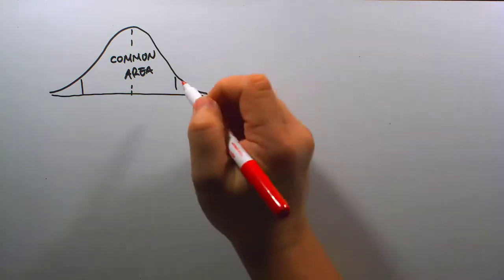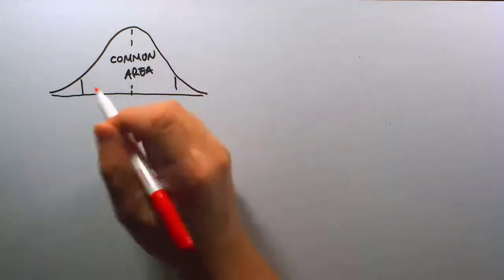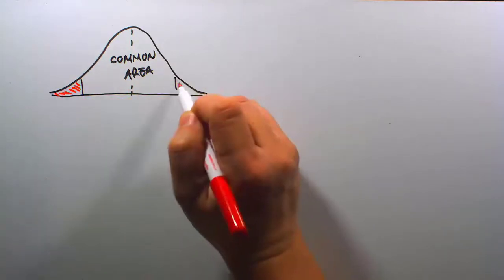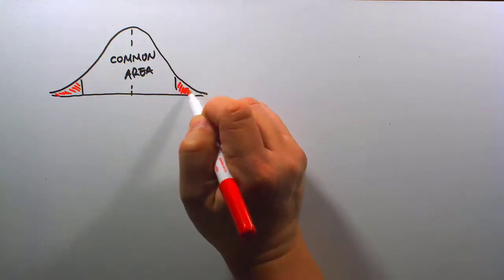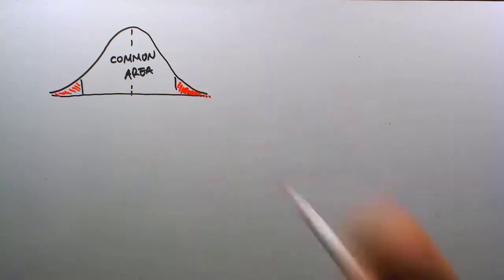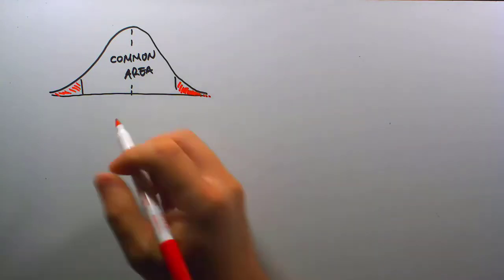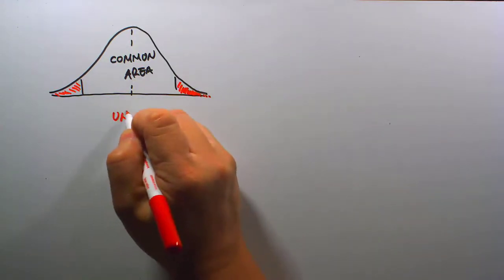And outside of that common area, there are 2 unlikely areas on the 2-sided tails of the bell curve.